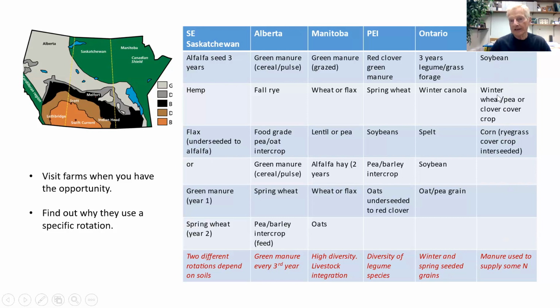There's less legume in there than is actually required to supply all the nitrogen. So what you can do is visit these farms and find out why they use a specific rotation. That's really what I'm trying to communicate here, is to understand why people use the rotations they do. And of course, I would assume in Quebec, it's because they have access to livestock manure.